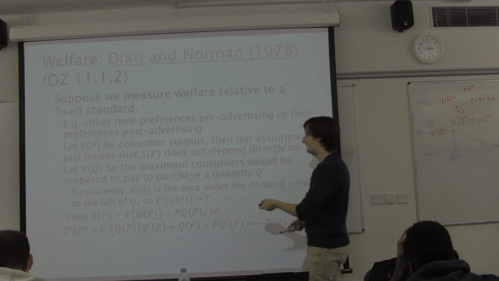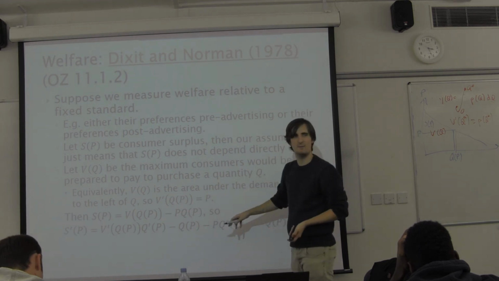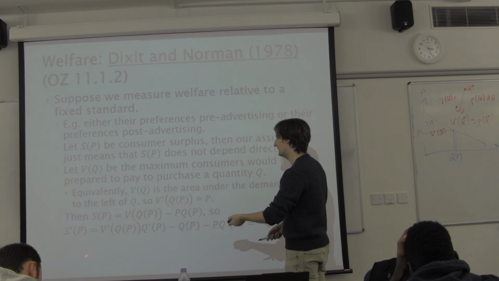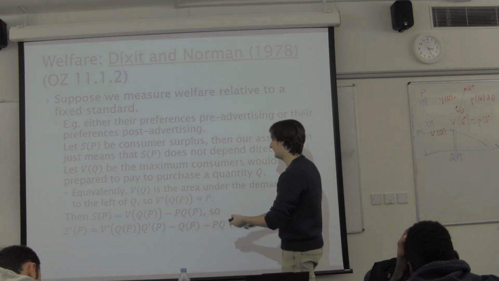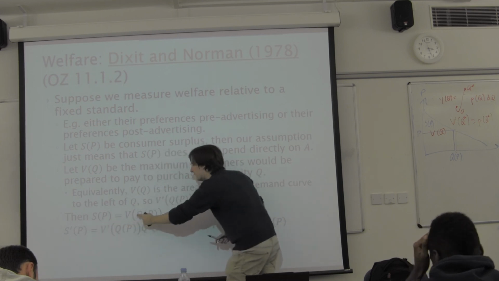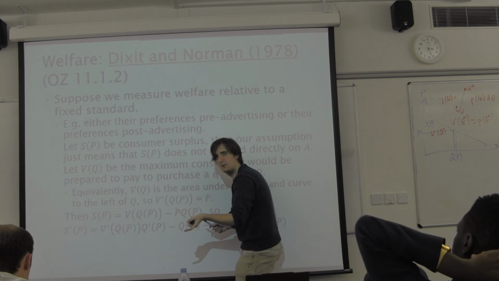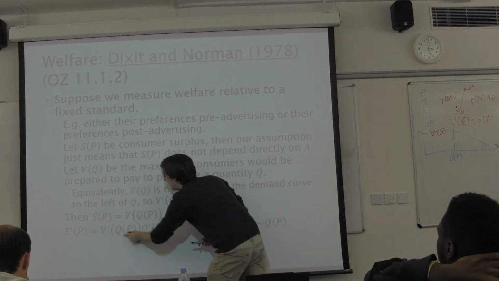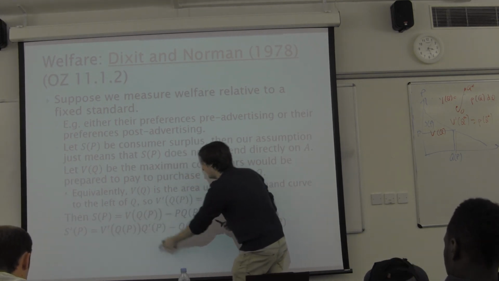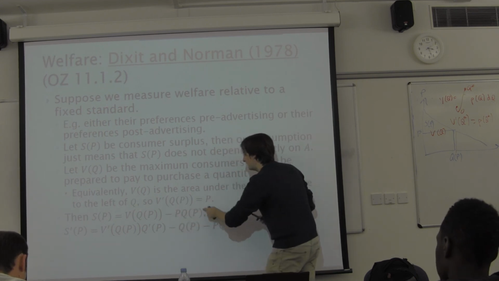If you take the first derivative of this, I think we've done something very similar in a previous lecture, so I know it's painful. S dash P is going to be the derivative of this thing with respect to price. We use the chain rule: derivative of the outside times derivative of the inside, minus the derivative of this thing with respect to price.